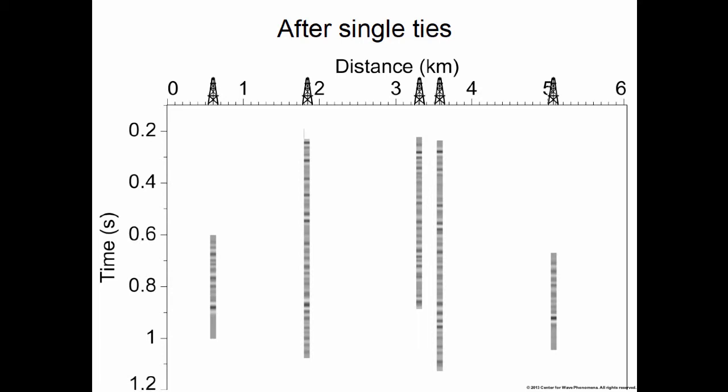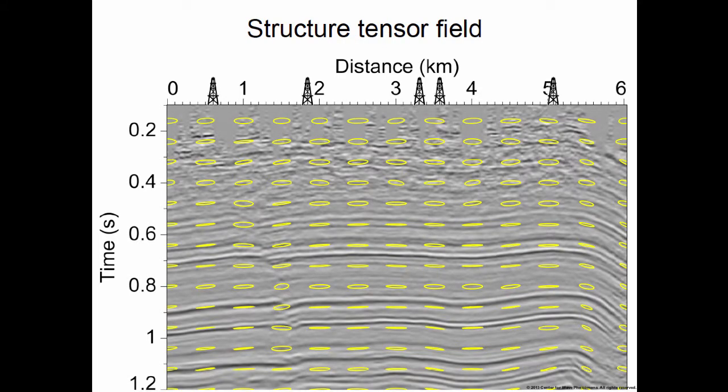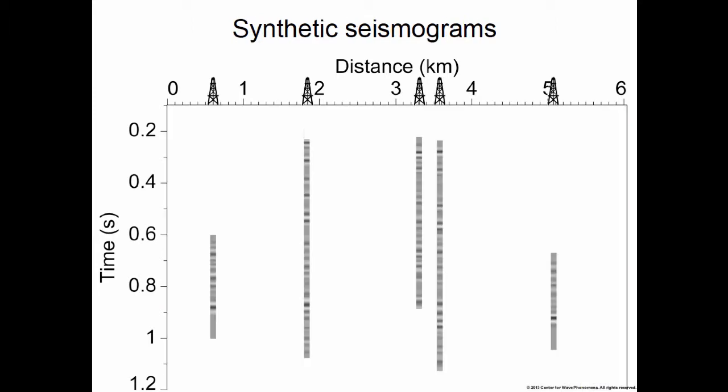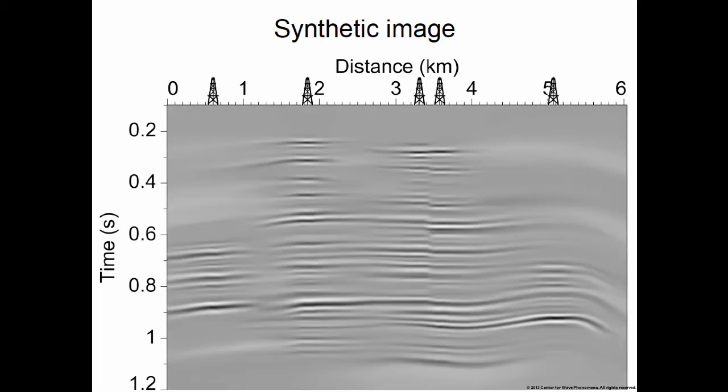The way we interpolate these synthetic seismograms is very similar to how they presented image-guided interpolation. We first compute a structure tensor field from the 2D seismic image that we extracted. And then, using the structure tensor field, we take the synthetic seismograms and interpolate them along the structure tensor field to get a synthetic image.